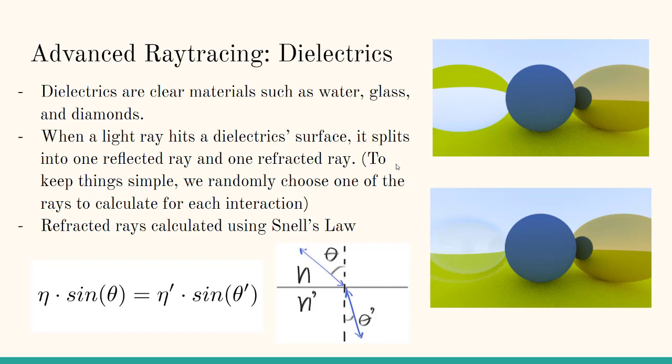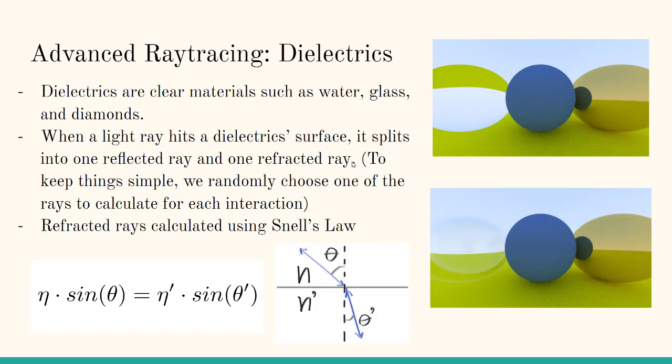And the last note on implementation is that to keep things simple, we can approximate this interaction without having to calculate both the reflected and refracted ray every single time, because that would give us exponential computation with multiple reflections and refractions all over the place.